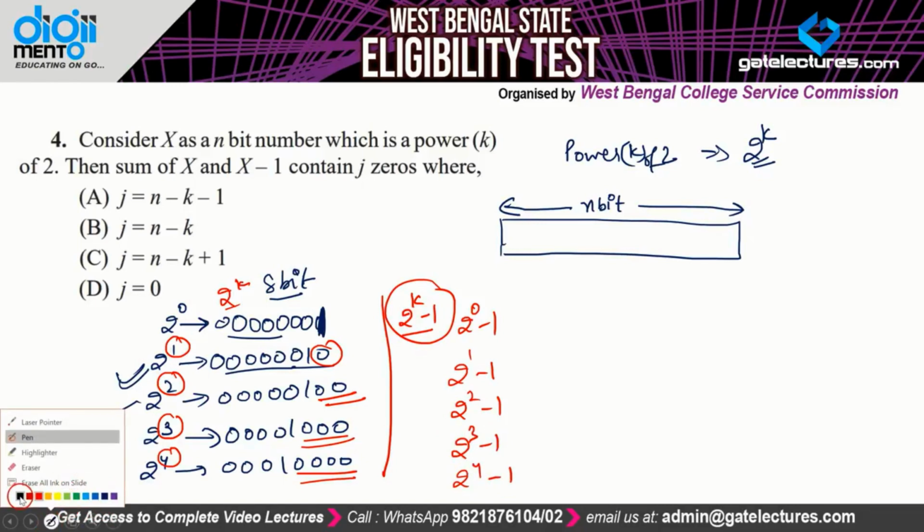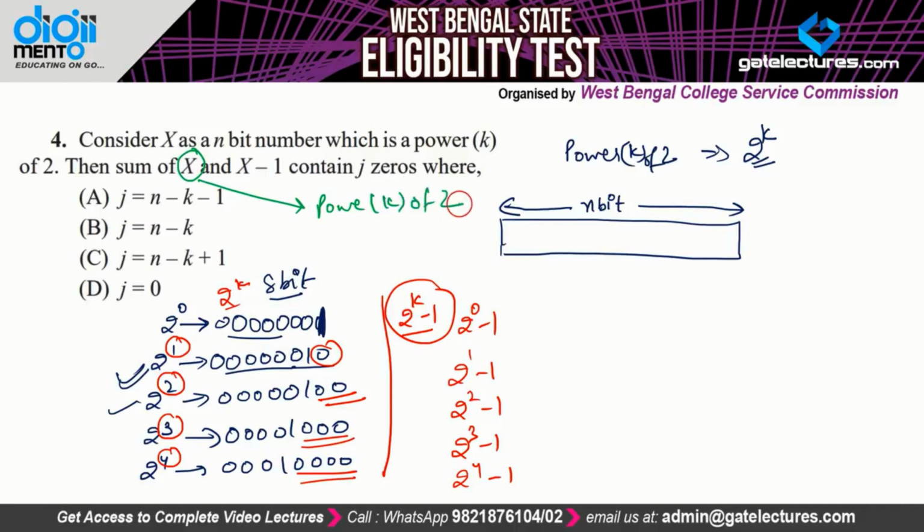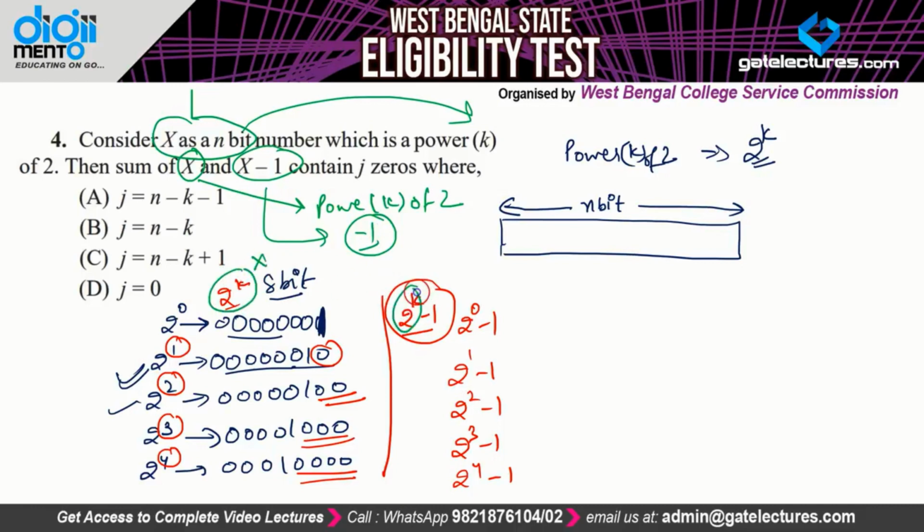Because you can clearly see when they are giving this question, X is representing power k of 2. Consider X is an n-bit number which is power k of 2, and X minus 1 is minus 1 from this. So if 2 raised to power k is X, this will be X minus 1.